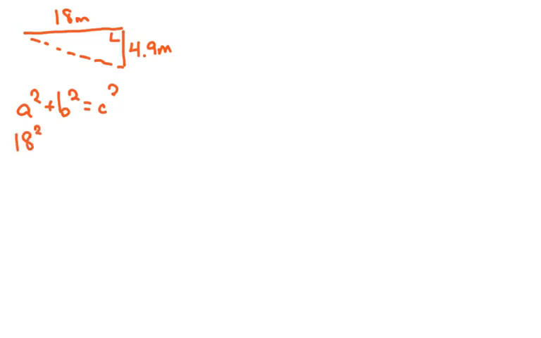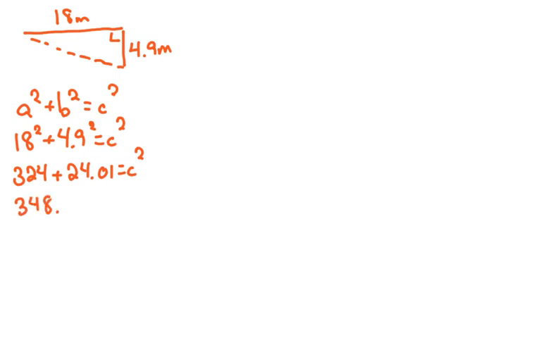Going to call A 18, B can be 4.9. 18 squared is 324. 4.9 squared, 24.01. Adding those together gives 348.01. Taking the square root, going to 2 sig figs, we get 19 meters.